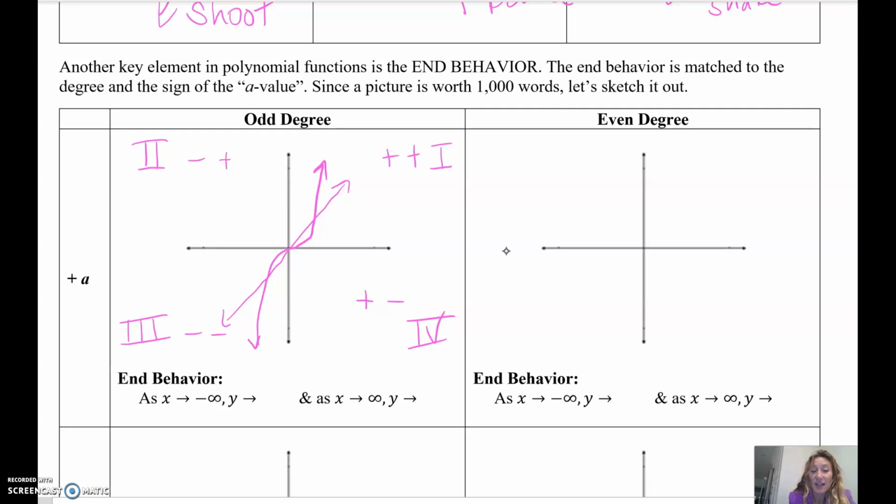It's just that technically, as x goes towards negative infinity, right? Here's negative infinity for x. Whereas y? Well, y is also at negative infinity. And then as x goes towards positive infinity, where does y go? Well, y is going towards positive infinity as well.